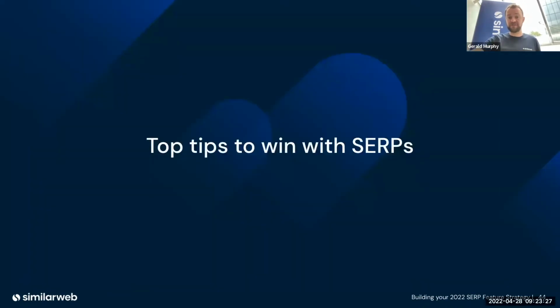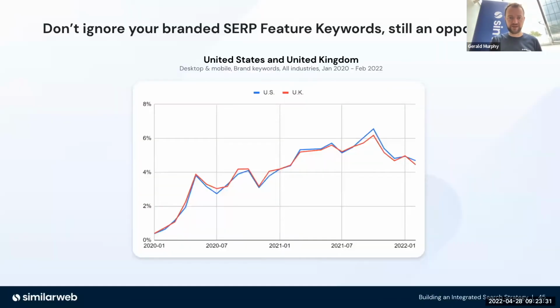So now we've got all this information, let's go through a few top tips so that you guys can start winning the SERPs. The first thing is don't ignore your branded keywords and don't ignore branded SERP features. In fact, interestingly, you can actually create your own SERP features for your own branded keywords. Don't just look at your pure brand keyword. For example, Netflix. You want to be looking at things like Netflix subscription, Netflix customer support email.